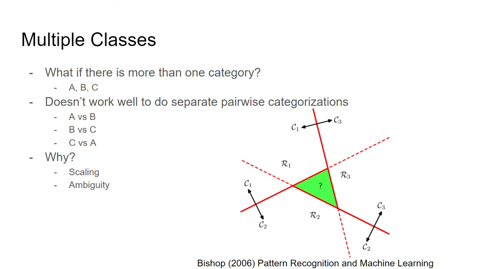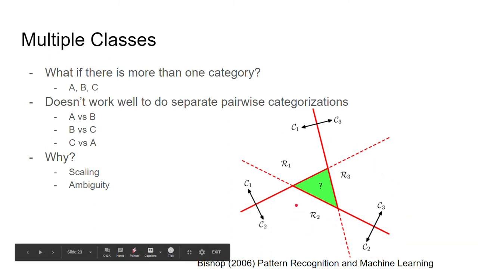It doesn't scale very well because there are lots and lots of cross comparisons, and you can very easily get inconsistent answers.